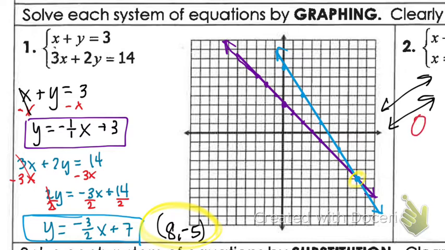The answer is no. No solution. And then if you graph one line and your next line is the same, what kind of solution do you have for the same lines? That's when it's infinite.